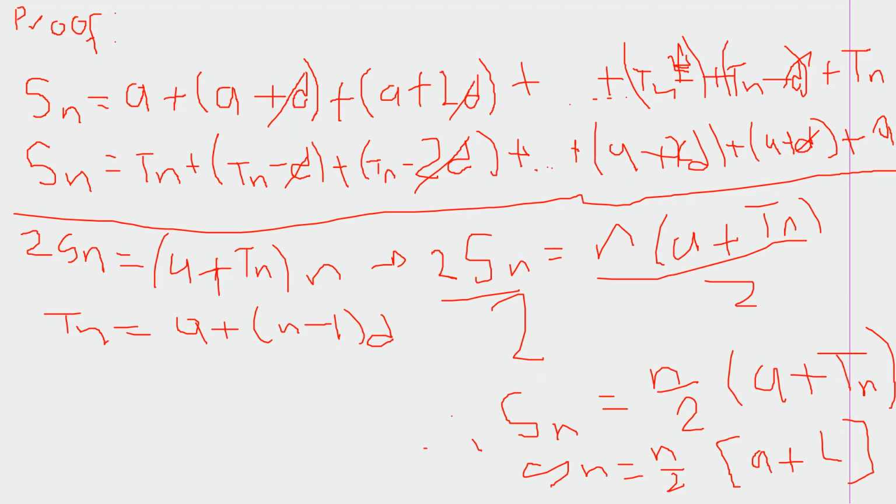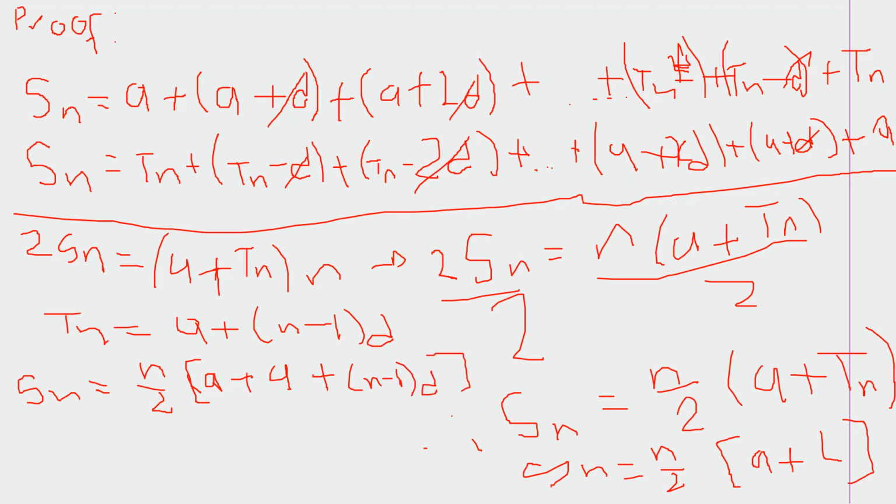So your equation will basically simplify to Sn equals n over 2 all into a. Remember, this is a, and then Tn is going to be a plus n minus 1 all multiplied by d.